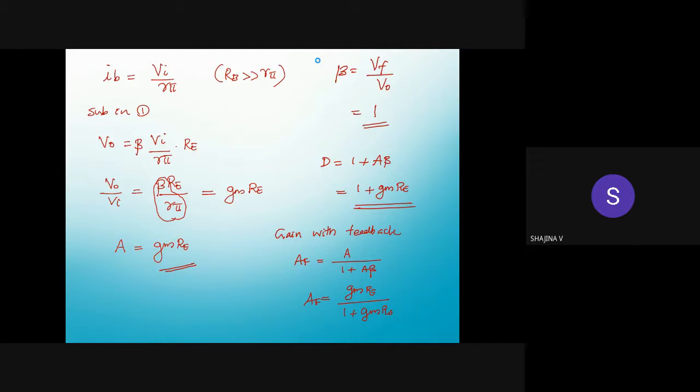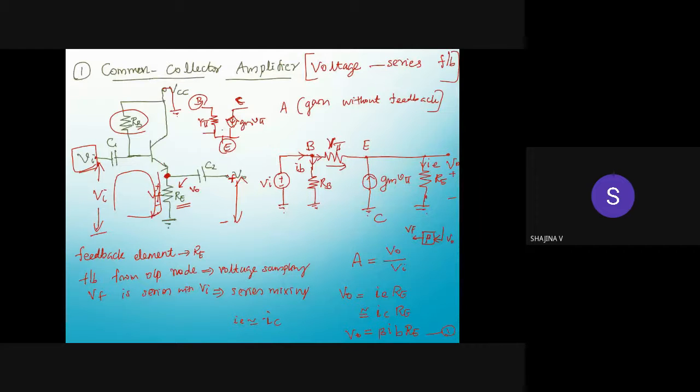Okay, now coming to the input impedance of the circuit. First of all, we can write input impedance without feedback. For this circuit, you can see input impedance without a feedback means we are considering this input side, that is here.